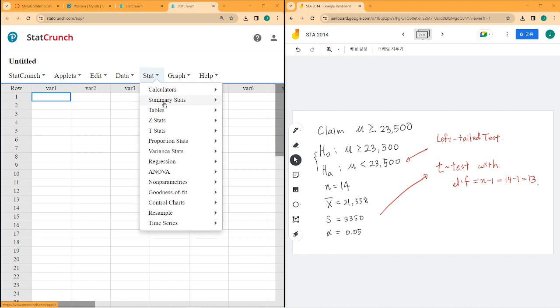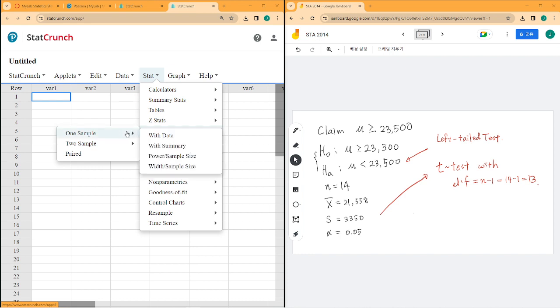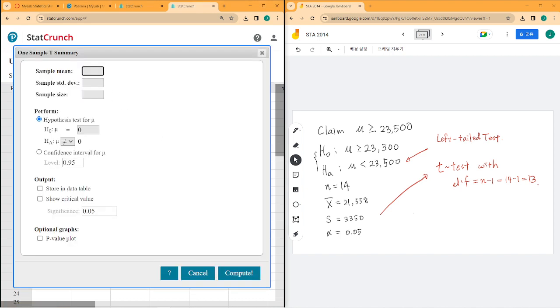In StatCrunch, we have the T stats under the Stat tab, and then we have One sample and with Summary. So click this one. The sample mean is given as 21,558, and we have a sample standard deviation of 3350. And the sample size is 14.